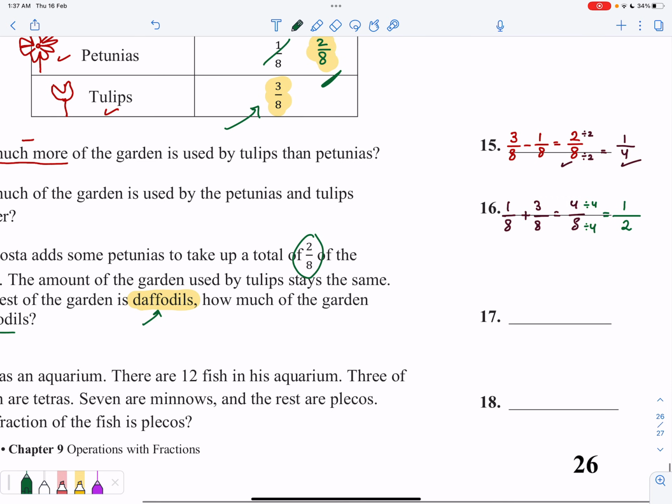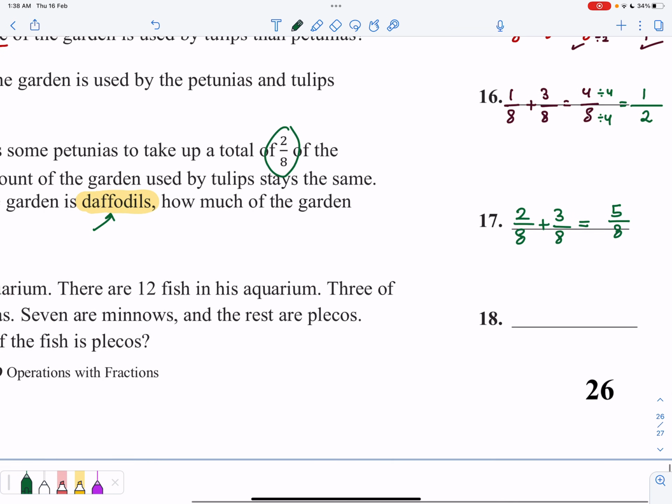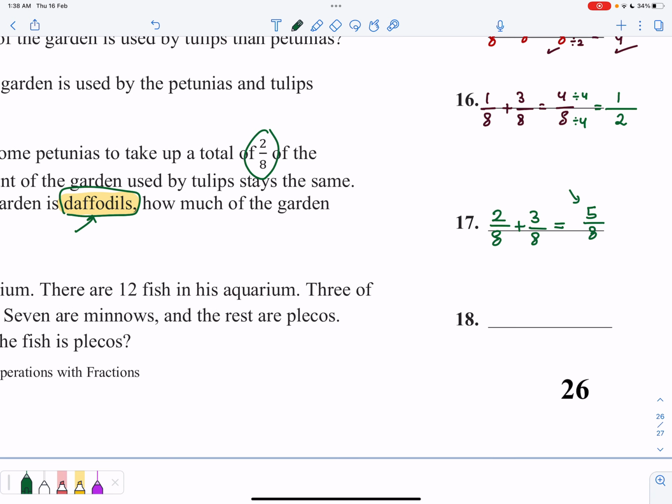So first let's add these two kinds together, the 2/8 plus the 3/8. When we add them together, we get 5/8. Now the rest of that will be the daffodils. These are tulips and petunias together; we don't want them. He asked us about the daffodils, which is the rest.